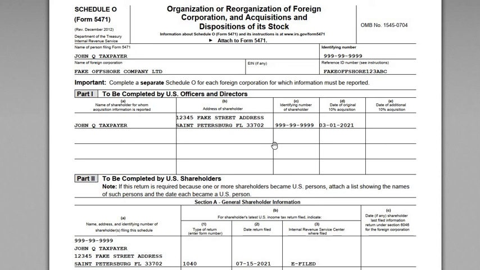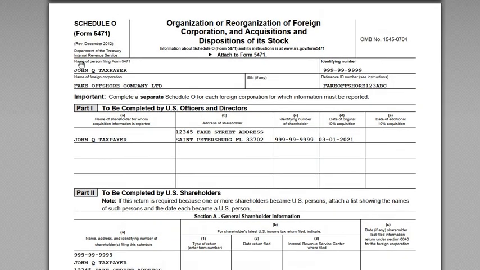So in this example, John is serving all these roles, right? So he's not only a shareholder, but he is an officer and a director. But you can definitely have scenarios where the person filing the form as a Cat 2 filer, they're not an owner, but they still need to do Schedule O because they might have had a U.S. shareholder come in and acquire sufficient stock. So that's really what's happening with Part 1 here.